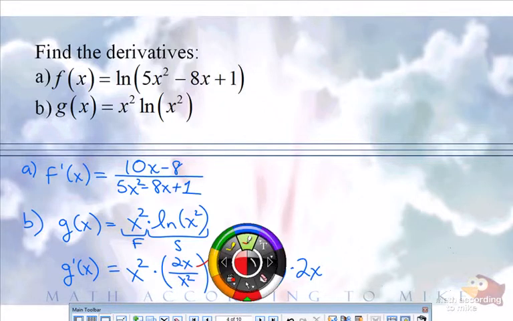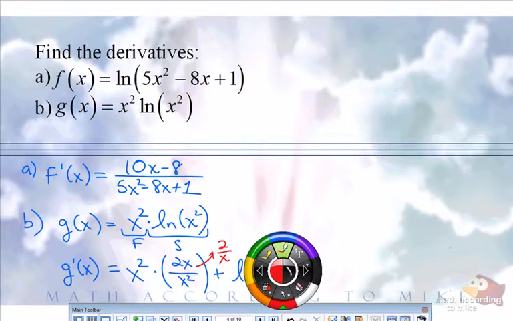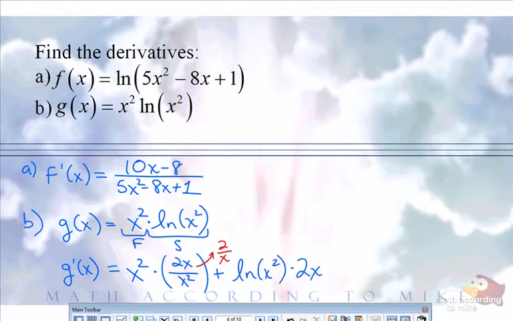So what's x squared times 2 over x? Because we have x squared here and 2 over x here. No. 2x. Right. Because you have 2 up top and 1 downstairs.